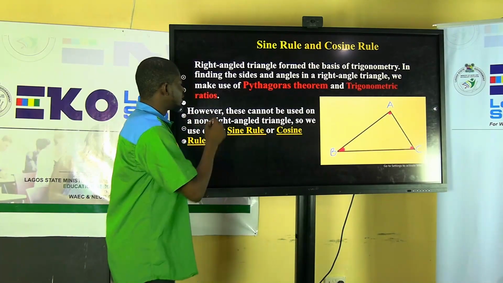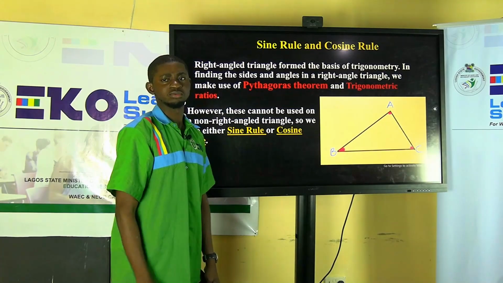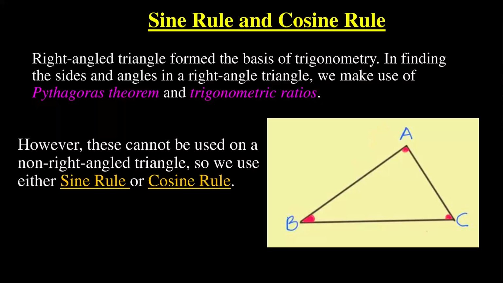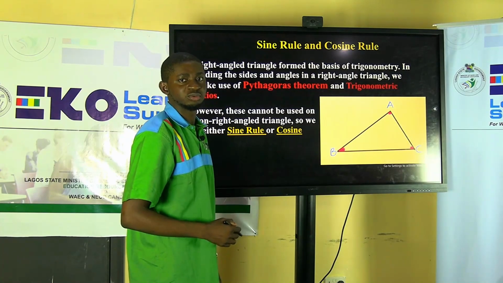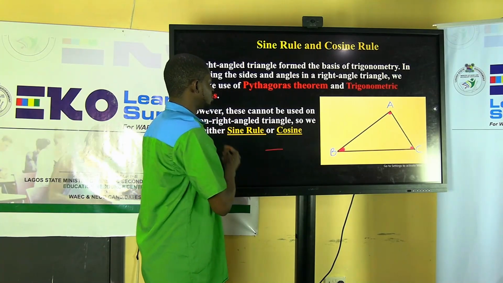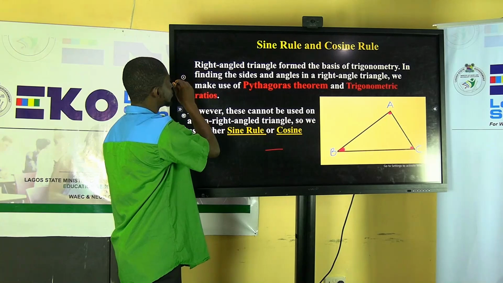But that cannot be used for a non-right angle triangle. Hence, we use sine rule and cosine rule. Take a look at this triangle. It's a non-right angle triangle, so we are going to be using sine rule and cosine rule in it. As a WAEC student, you've heard that before, so it's not new.